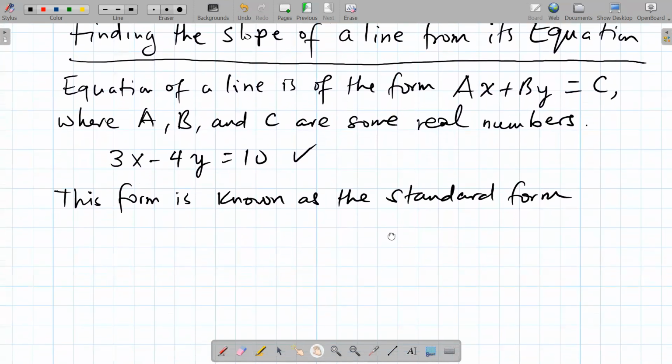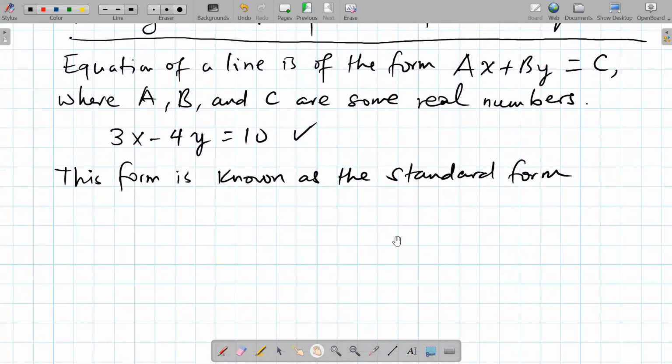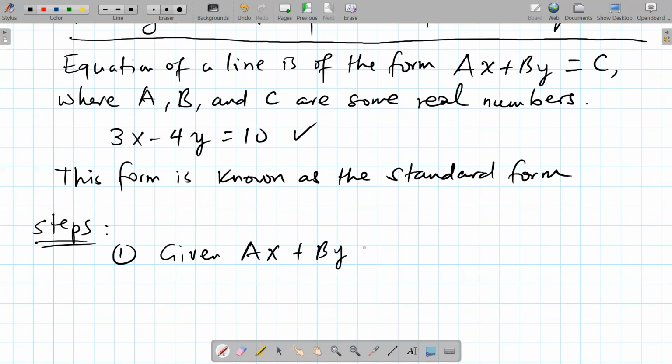So how do we find the slope of a given line that is in standard form? Look at the steps. First, given ax plus by equals c, solve for y.